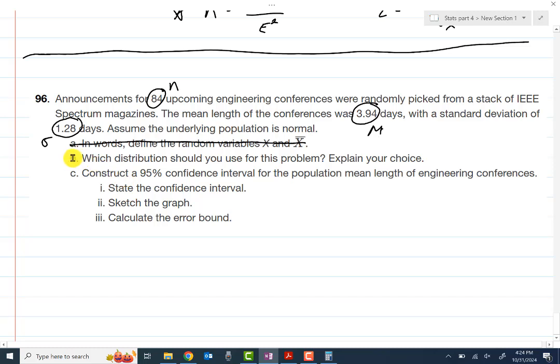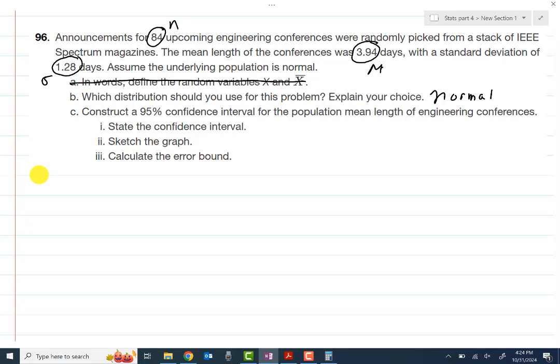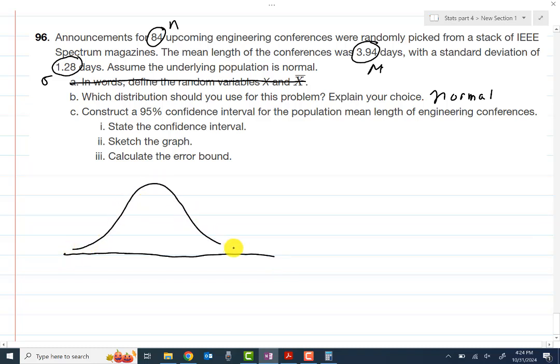But what I am interested in is part B, normal, because you're looking at sample means. And they want you to construct a 95% confidence interval. So here's how that should look. The center of this thing is at 3.94.